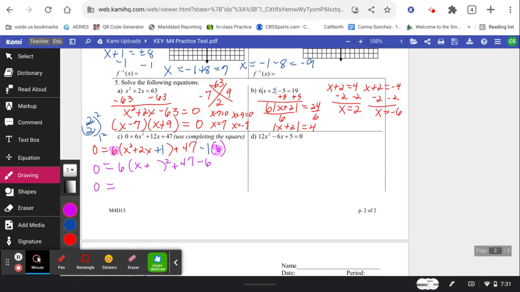This makes the x plus 1 squared factors because 1 times 1 equals 1, x times x equals x squared. Keep the same middle sign. Right here, we're going to get 47 minus 6 is 41. And that's going to be minusing 41 from both sides.